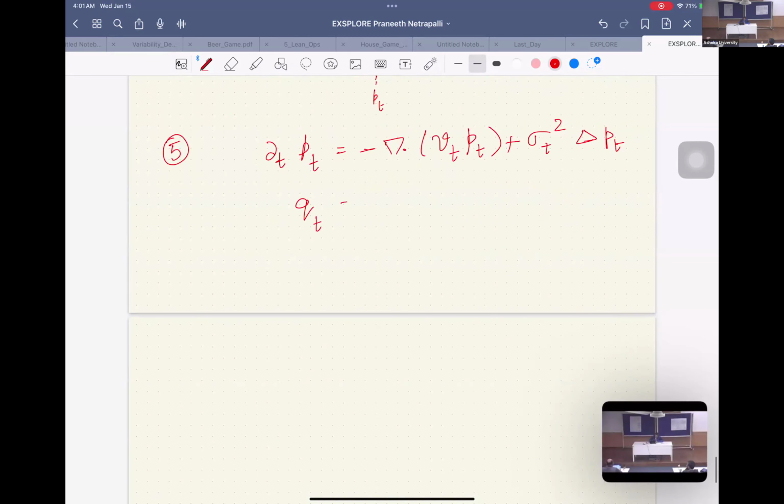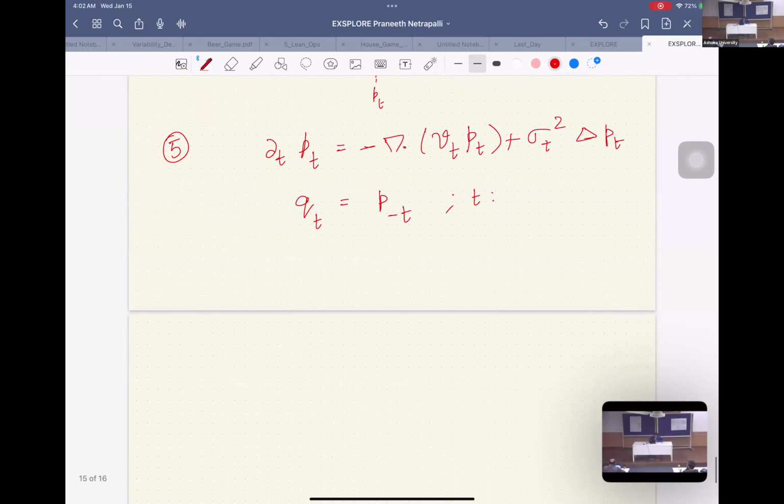Now, let's set qt equal to p minus t. If you want to reverse this, we want P infinity to go to P0, which is the same as Q minus infinity going to Q0.